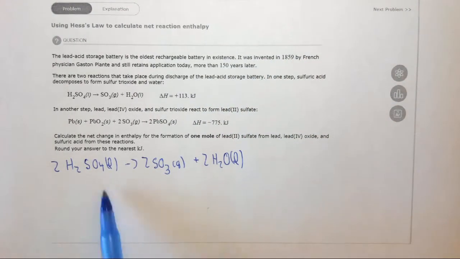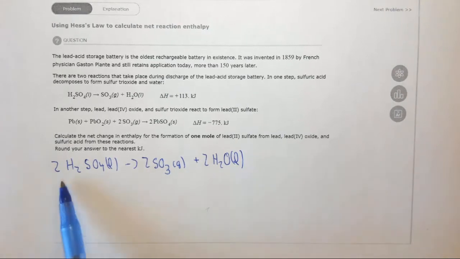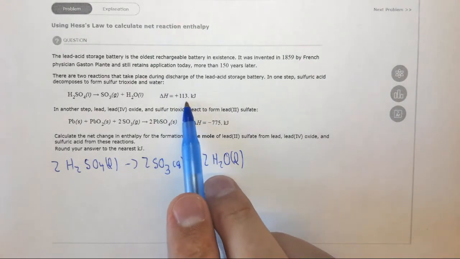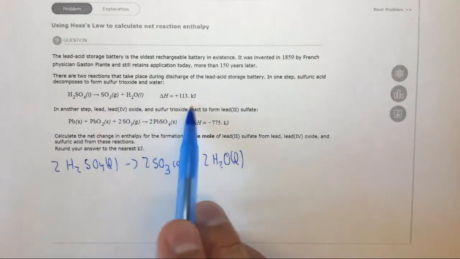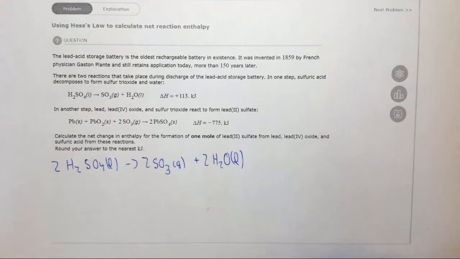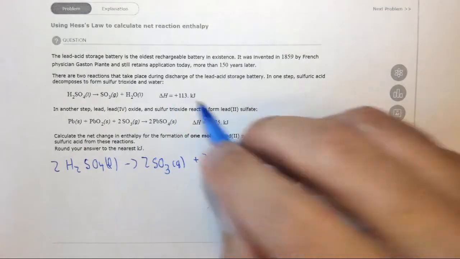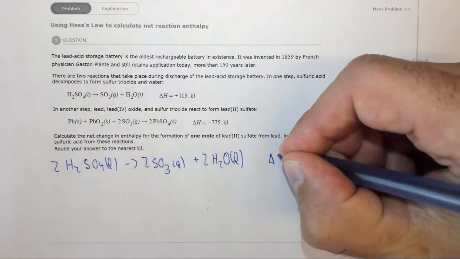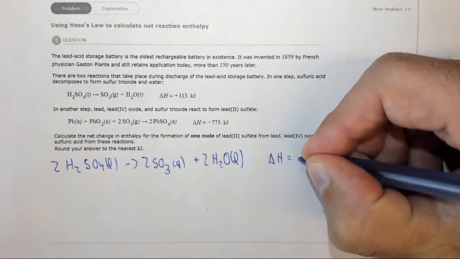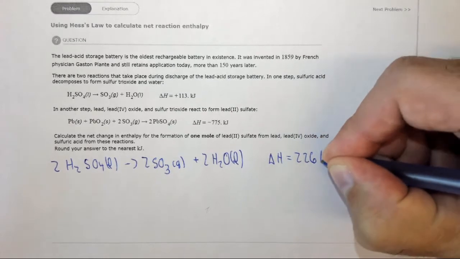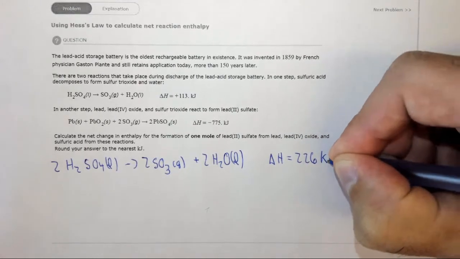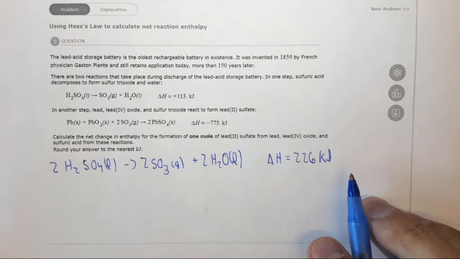And logically, if we double everything, we also must double the delta H. If it takes 113 kilojoules to make this reaction go once, it's going to take 226 kilojoules to make it go twice. So we multiply the delta H by 2. So delta H in this case equals 226 kilojoules, because we doubled the reaction.